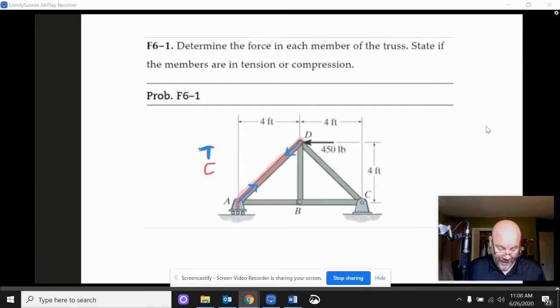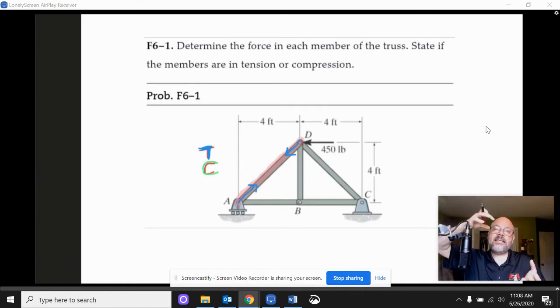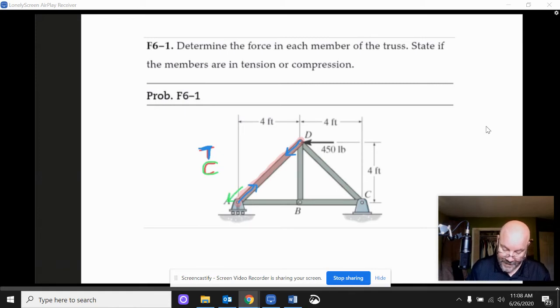On the other hand, if it's under compression, then something's squeezing it, like a spring something was trying to compress. And what does a compressed spring do? A compressed spring pushes back. So if it's under compression, it's pushing on the ends this way.